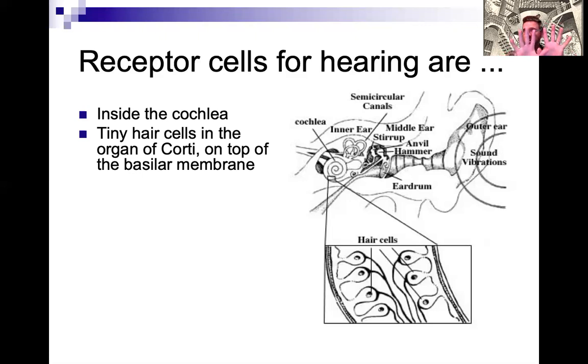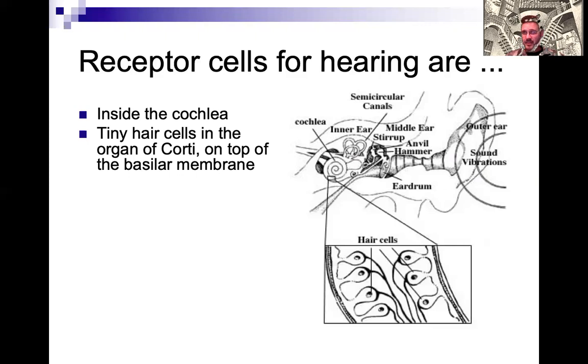Okay, if you imagine my fingers being the hair cells inside the cochlea, attached to the basilar membrane, when those hair cells bend in response to all this vibration inside the cochlea, that's what makes those hair cells send messages down their axons, down the auditory nerve to the temporal lobes.